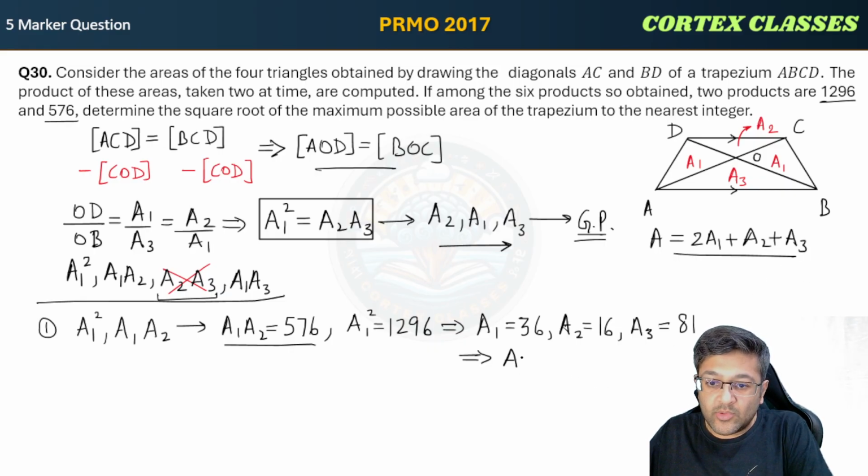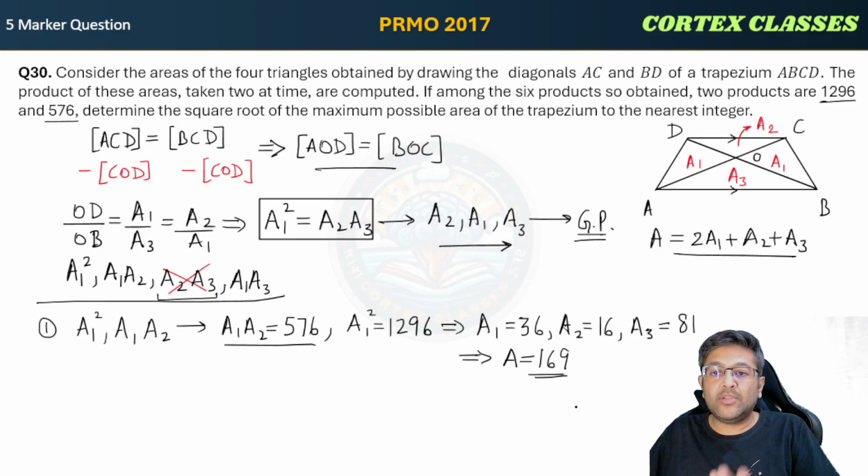So the total area will be twice A1, that is 72, plus 16 plus 81. So that gives you 169. We'll do the square root later on guys. We need the square root of the maximum possible area: determine the square root of the maximum possible area of the trapezium to the nearest integer. So 169 so far. This is the first case.